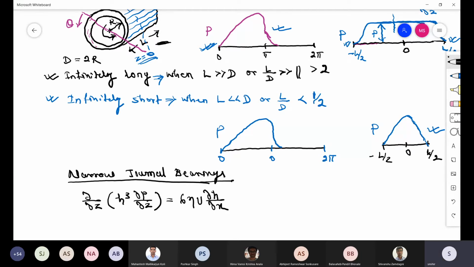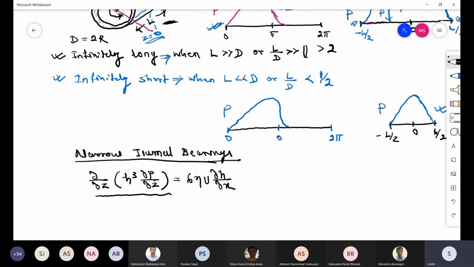Okay, very similar. Only thing is that the left side will be a function of z, as we are neglecting the variation with x.